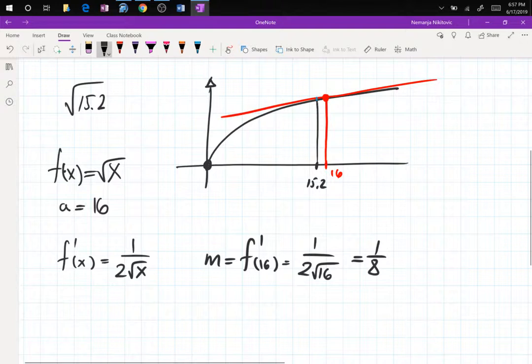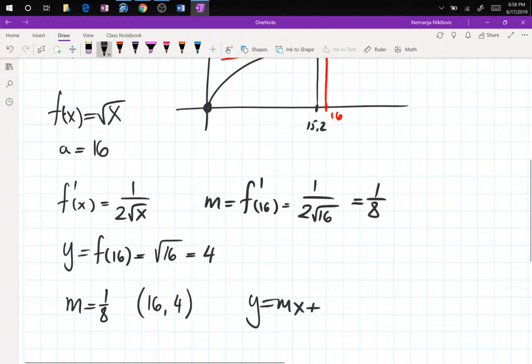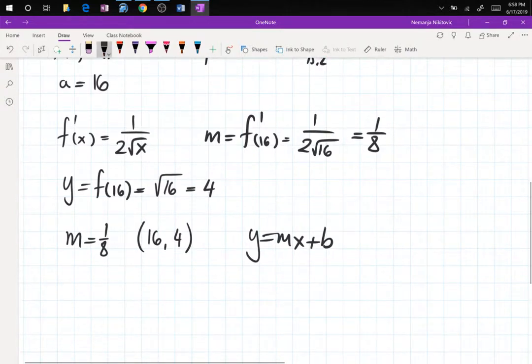Now we find the y value, which is f of 16, which is square root of 16, which is 4. And now I have all the specs I need. I have m equals 1 over 8, and I have my (16, 4) point. y equals mx plus b, and y is 4, m is 1 over 8, x is 16, plus b, so b is 2, exactly.